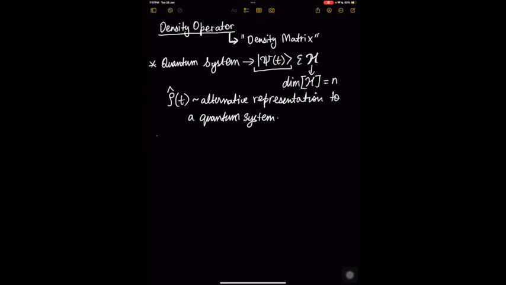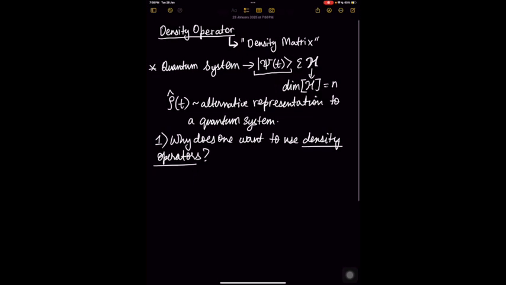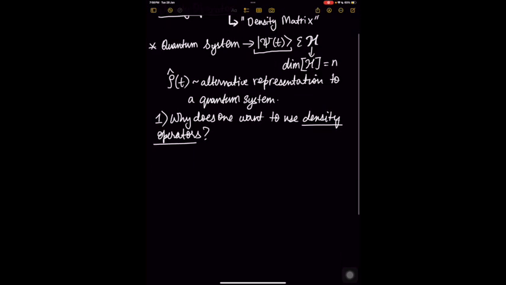So, first question: why does one want to use density operators when you already have the state of your quantum system represented by the state vector psi of t in the Hilbert space?